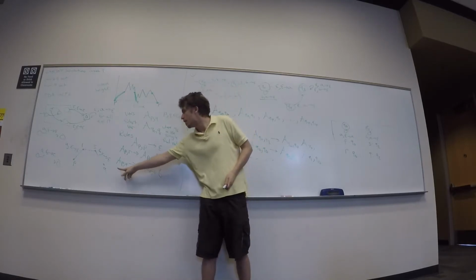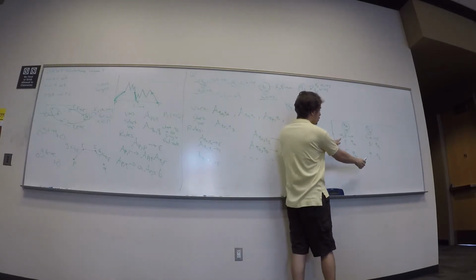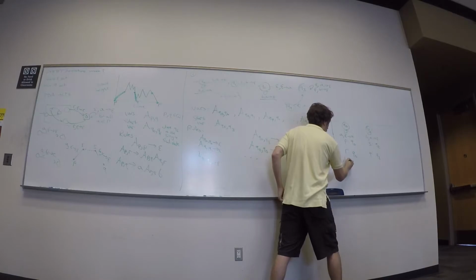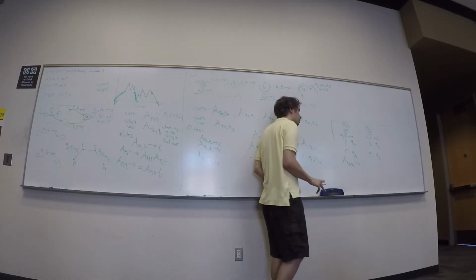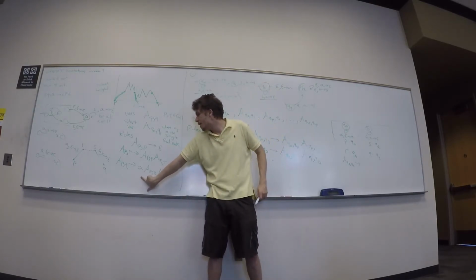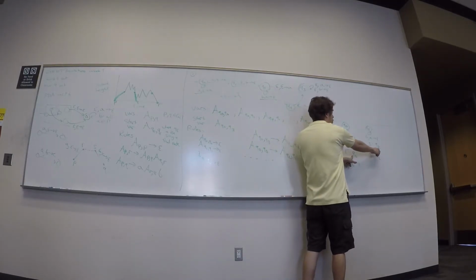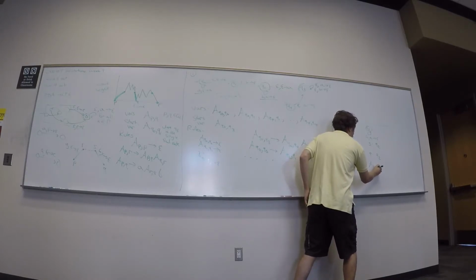So APQ, I want to know what that is. So APQ, that's AQ0, Q2. Well, what's the subproblem? Subproblem is ARS. Well, RS is Q0, Q2 again. So that's my subproblem.